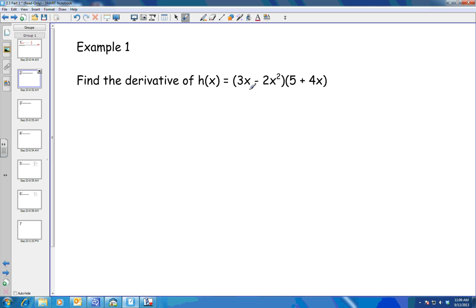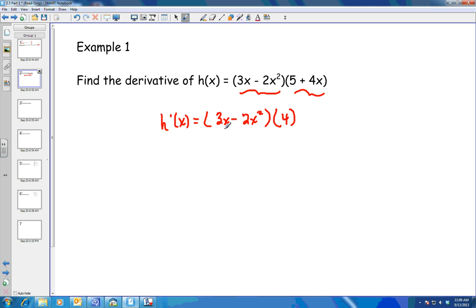All right, so I have h of x, and I have two things being multiplied together. So I'm going to use the product rule. So product rule says h prime of x would equal my first term, 3x minus 2x squared, times the derivative of the second. The derivative of 5 is 0. Derivative of 4x is 4.